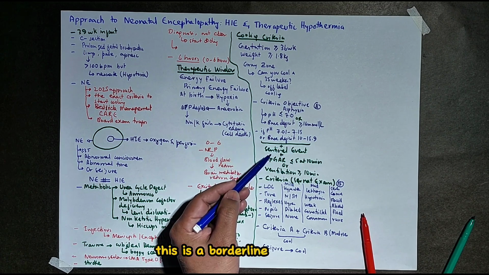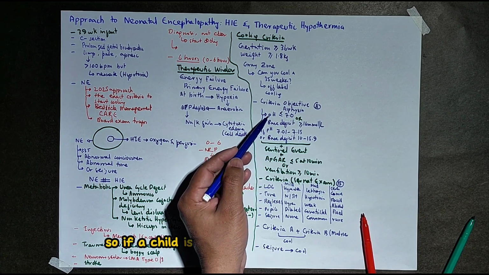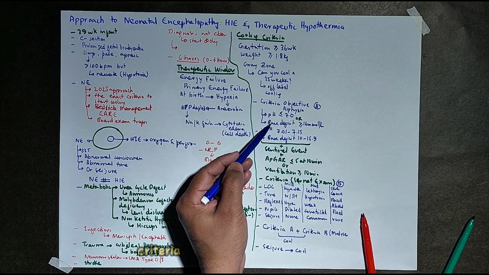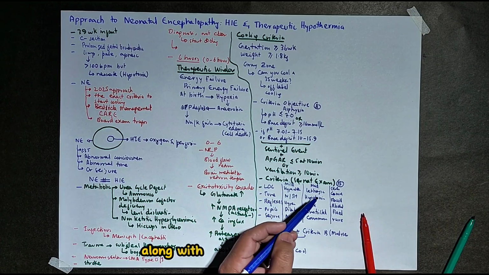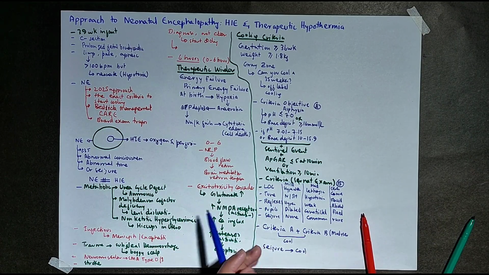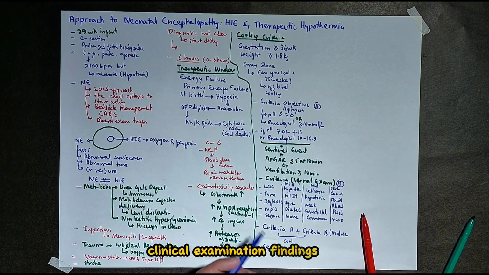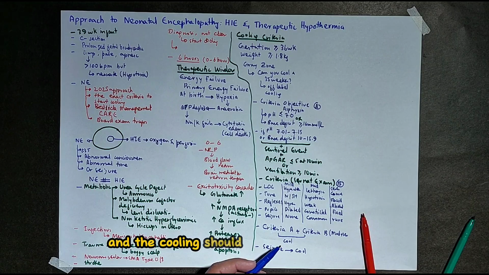This is a borderline clause. So, if a child is meeting either the pH or base deficit criteria or the borderline clause along with moderate to severe clinical examination findings, you have to cool that baby, and the cooling should start within 6 hours.